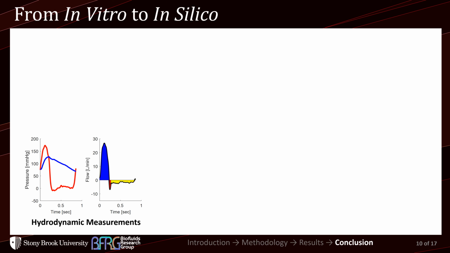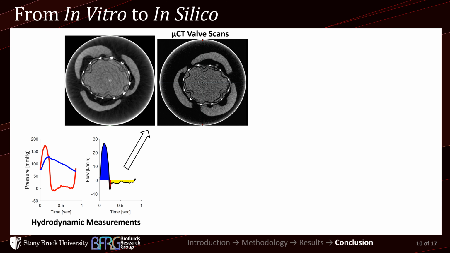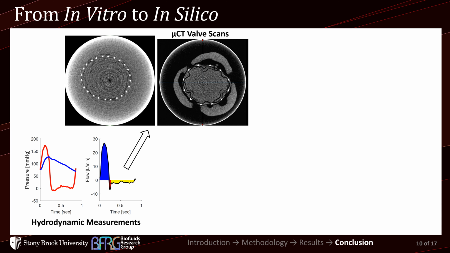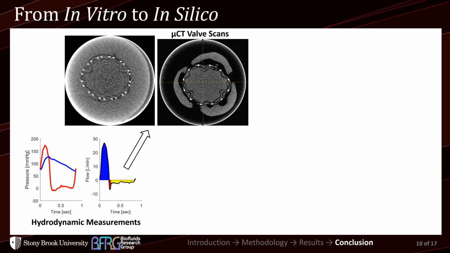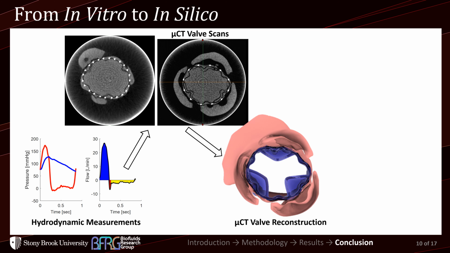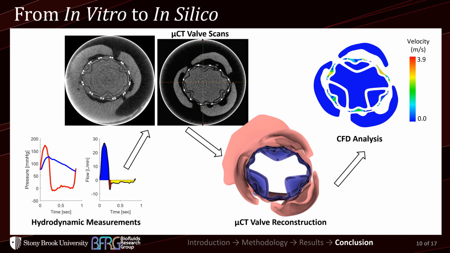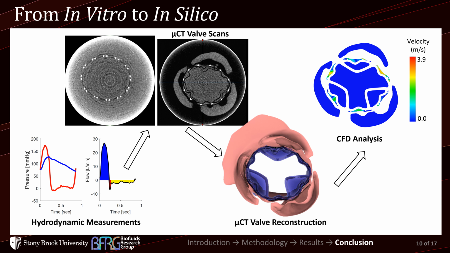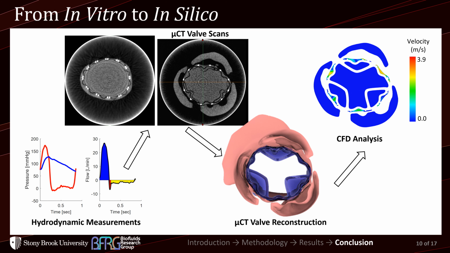So taking these hydrodynamic measurements that we've shown previously, we can take that model out of the replicator, place it into a micro CT with a custom jig doped with contrast so that we can actually resolve the features of the native leaflets versus the TAVR leaflets, and then painstakingly reconstruct it into 3D geometries. These geometries are then meshed into a CFD domain, giving us a natural ability of validation given the conditions and the measurements done in vitro are then taken in silico.